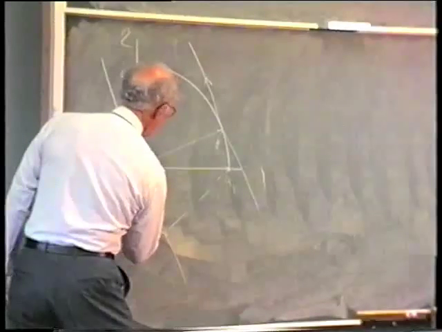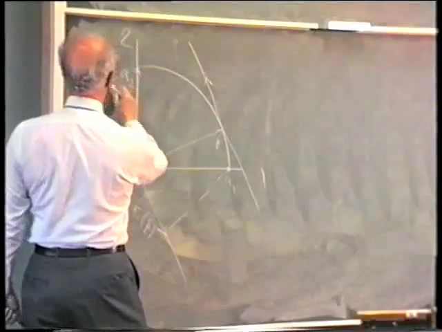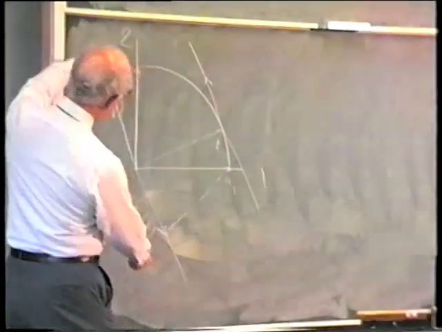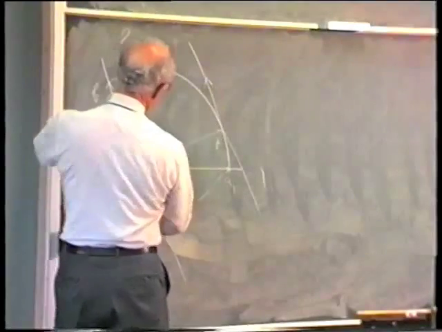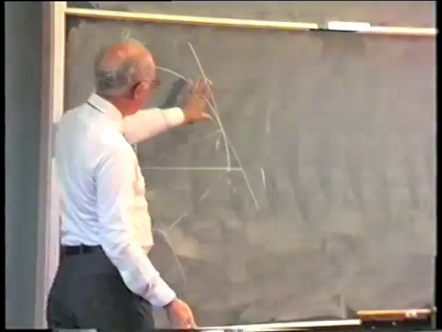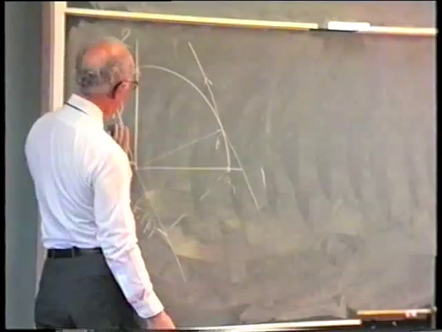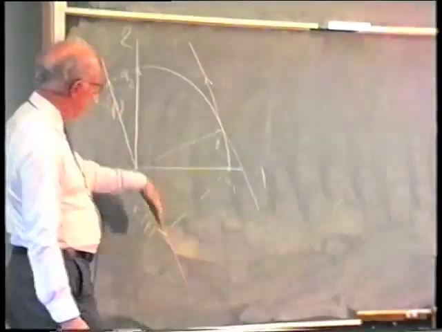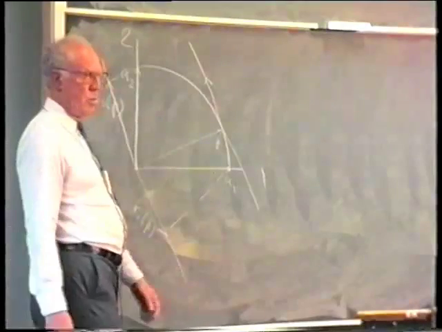So here is B1 of P, and here we have B2 of P. And as you see, any vector here can be represented as a positive linear combination of these two. In this particular case, it would be a positive linear combination of B2 of P only. If f of P were pointing that way, you could represent it as a positive linear combination of B1 of P, or possibly as a sum of the two.